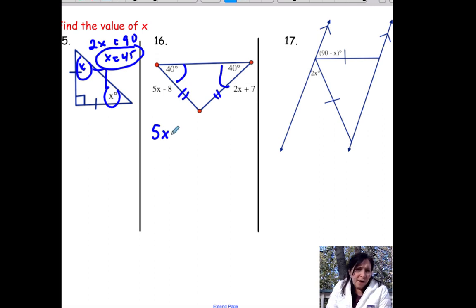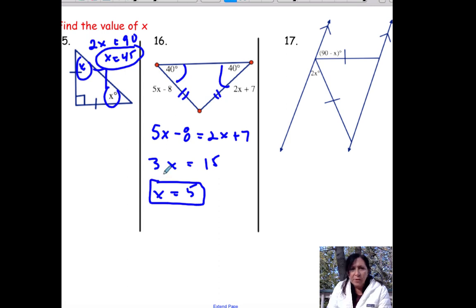So I can say that 5x minus 8 is equal to 2x plus 7. We have 3x equals 15, x equals 5. If they had asked me to find the lengths of the sides, I would just plug that in. 2 times 5 is 10, 10 plus 7 is 17, and then 5 times 5 is 25, 25 minus 8, also 17.